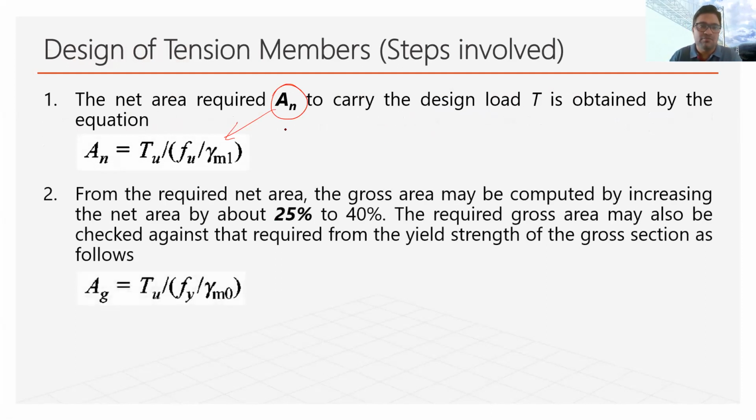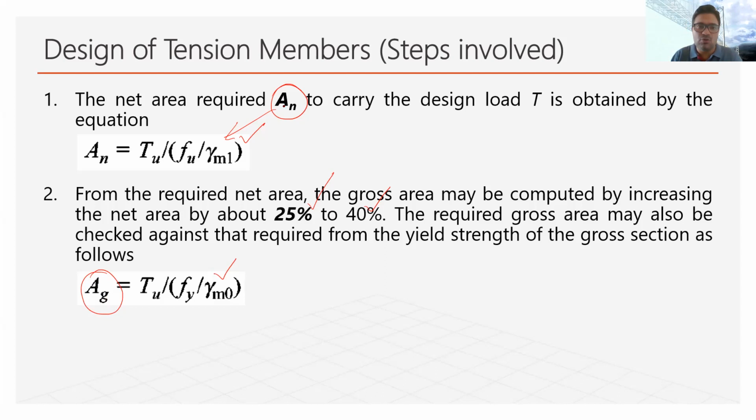Either we find the net area with this formula and then increase it by 25% to 40% to accommodate the bolt hole, or we use this formula directly to get the gross cross-sectional area, in which case we don't increase the area.